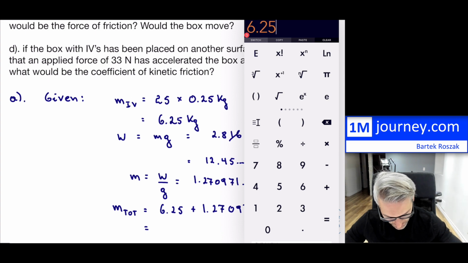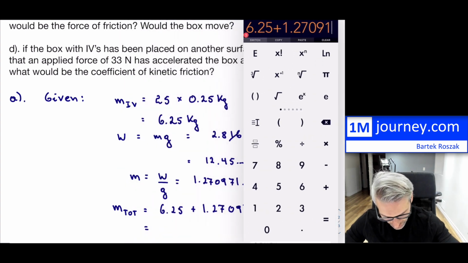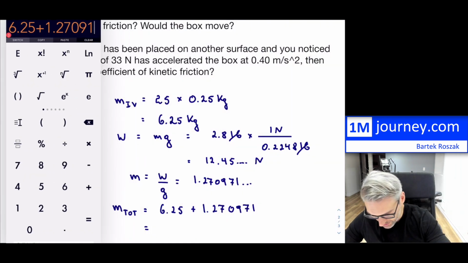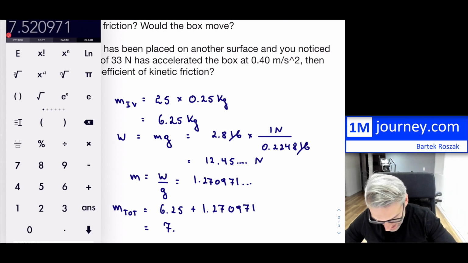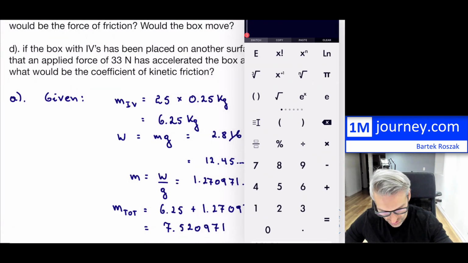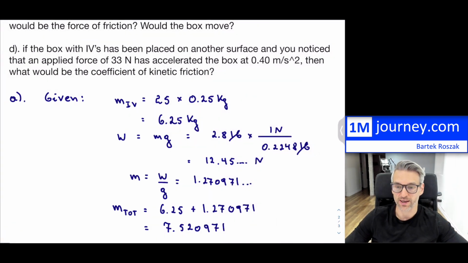So 6.25 plus 1.2709, I guess was it 1? Let me just flip this back here so I can see it. 1.2710, that's 71. I mean, I don't have to be that accurate, but let's keep it as accurate as we can. So 5-6 decimal places so that you're not worried about any rounding errors.